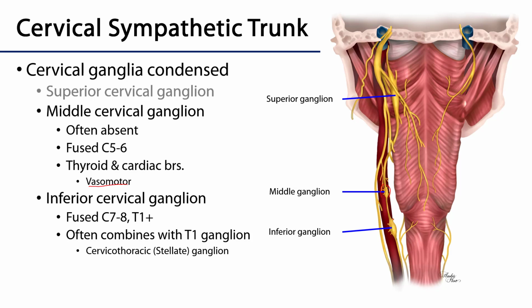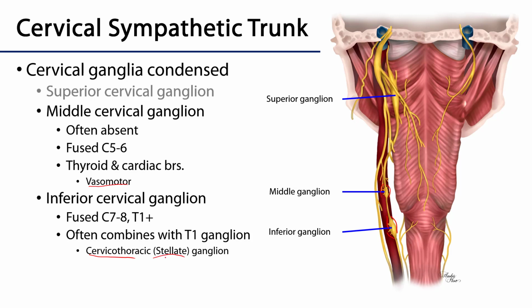And then finally, this inferior cervical ganglion represents fused ganglia at least of C7 to C8, oftentimes T1 or beyond. When it doesn't include the T1 ganglia, we just refer to it as the inferior cervical ganglion, but when it combines with the T1 ganglion, we call it the cervico-thoracic or stellate ganglion.